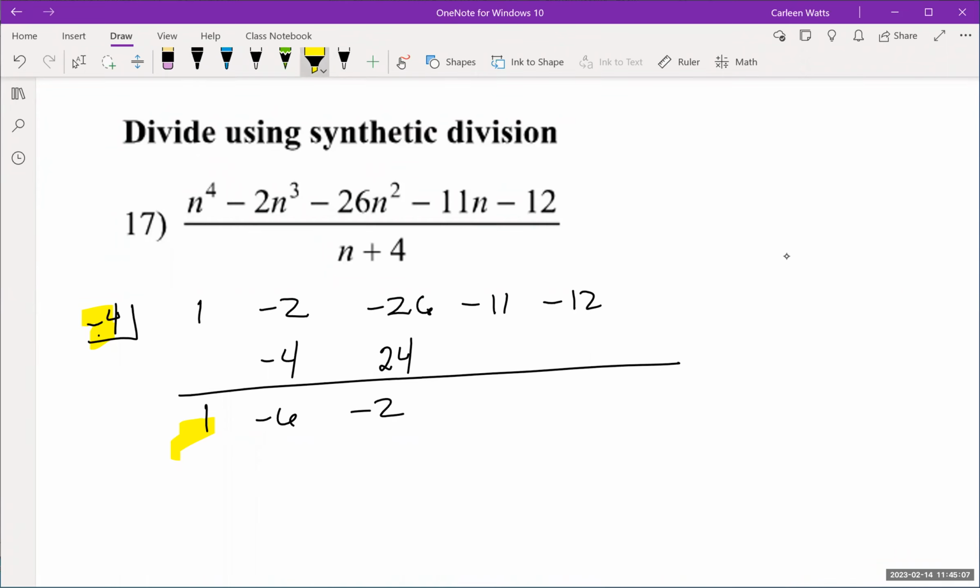Okay. What goes here? Yep. Anyone else? Multiply.